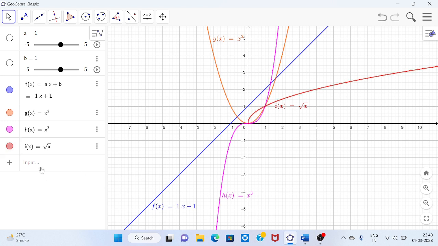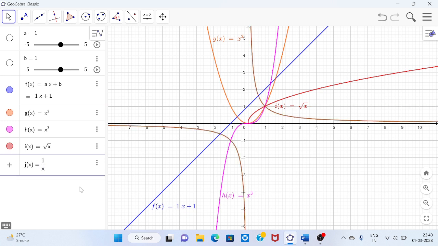All right. Now moving to the last function, that is a reciprocal function. The reciprocal function is basically taking the inverse of any number. If I want to take the inverse of x, that is 1 divided by x. See, we have it right over here. If you see here, there are two lines.